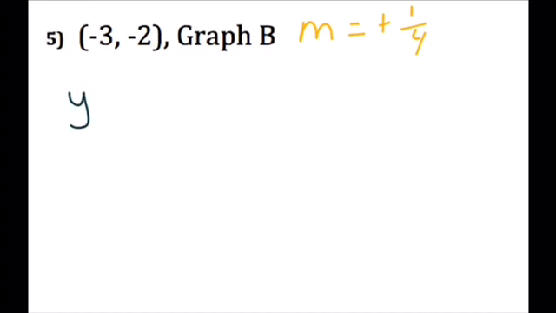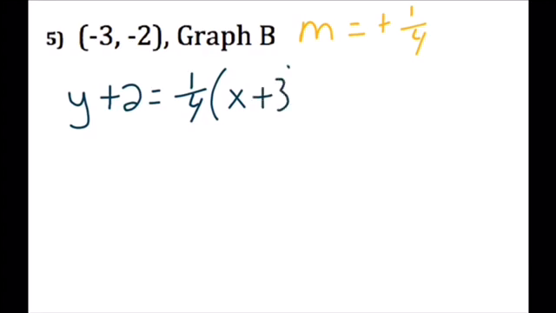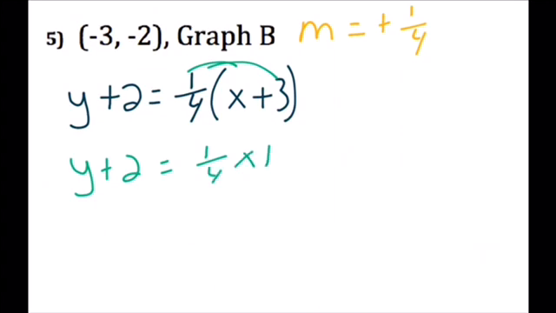We have y minus a -2, which is y plus 2, equals a positive 1/4, parenthesis, x minus a -3, which is the same as x plus 3. Now we're going to distribute that 1/4 through. Y plus 2 equals 1/4 x plus 3/4.